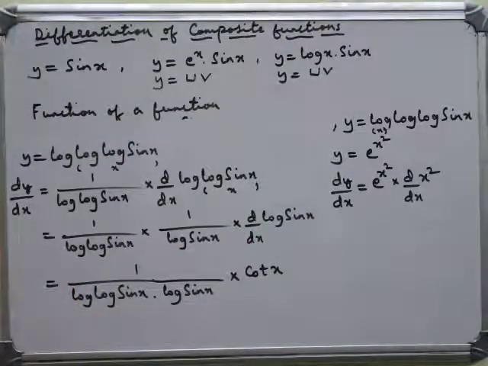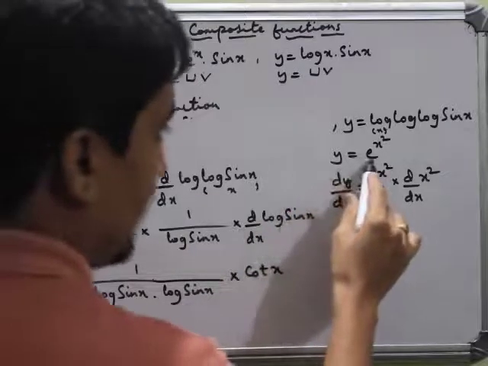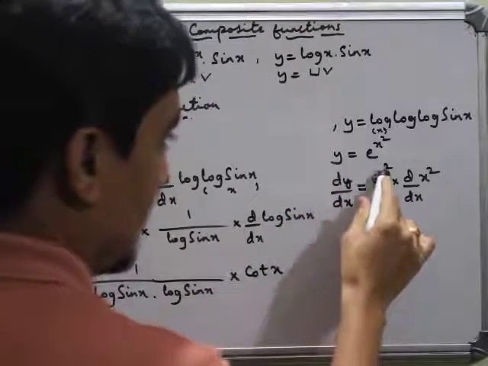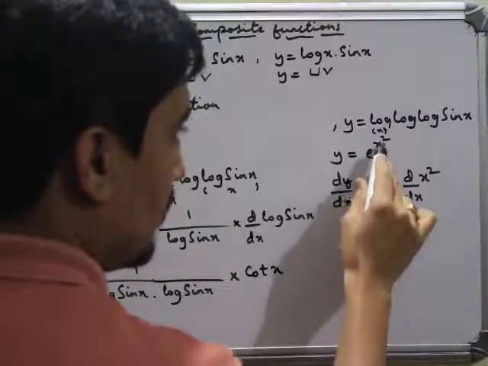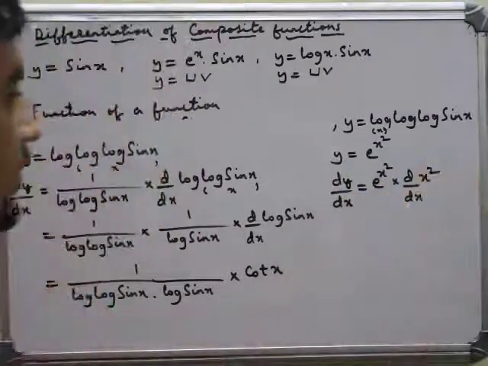Because in a composite function you have to differentiate all the given functions involving x. So first we solved for the exponent, here it is, into, now x square is left out, we have to differentiate it.